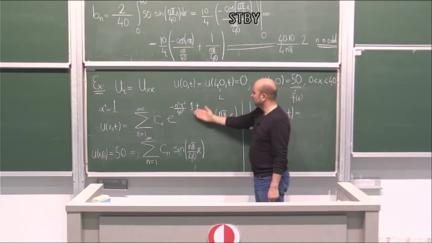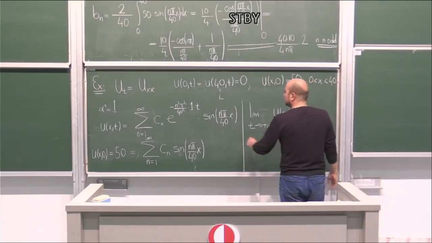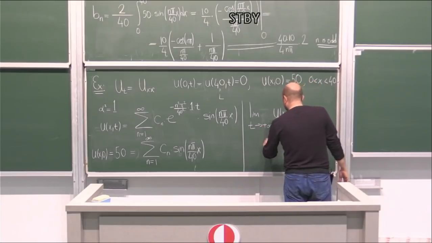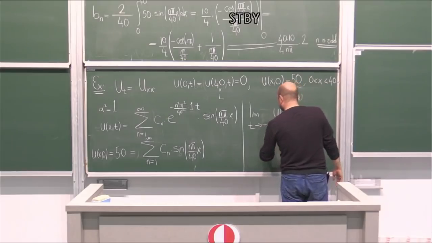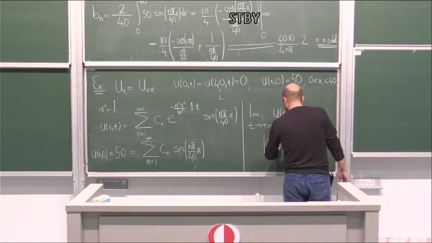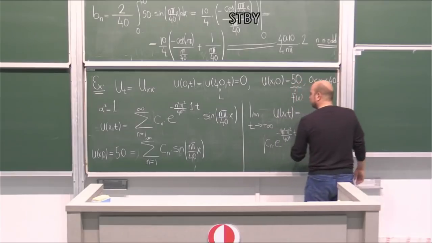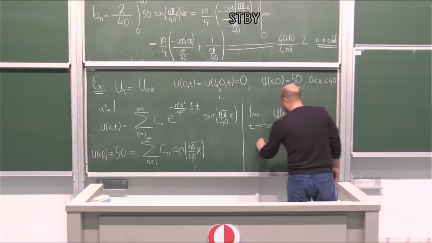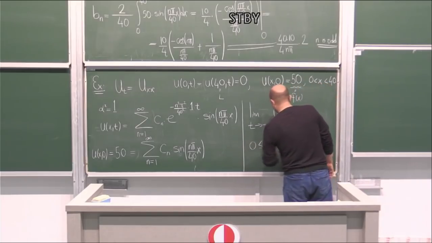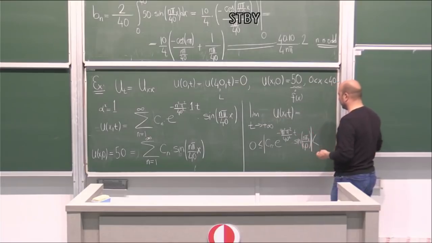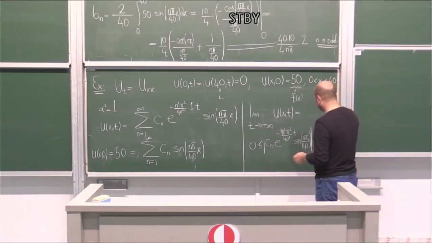Let me do it this way. Look at the absolute value of Cn times e to the minus n square pi square over 40 square t times sine of n pi over 40 x. This is always bigger or equal to 0. And the sine has the biggest value at most 1.